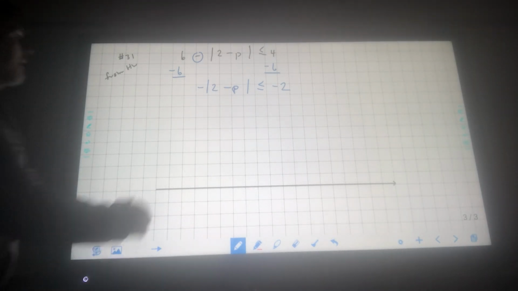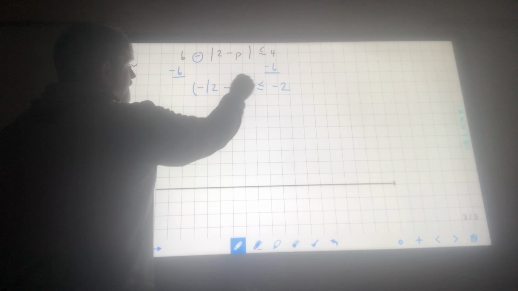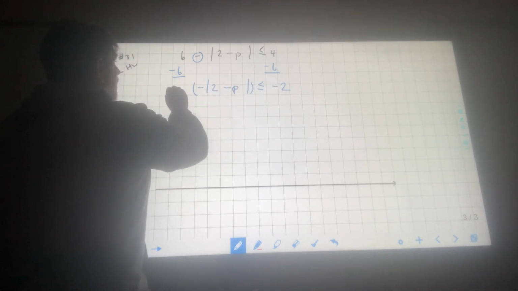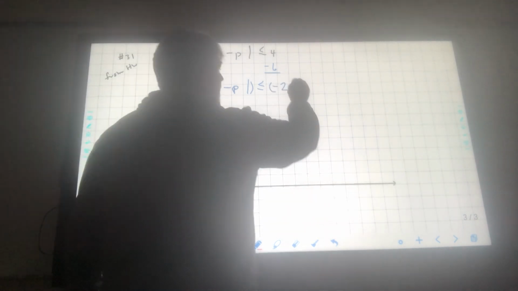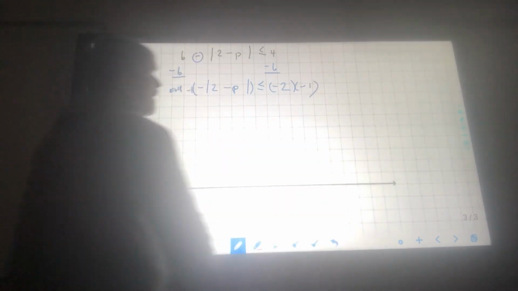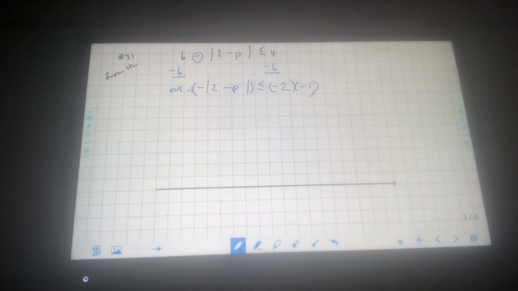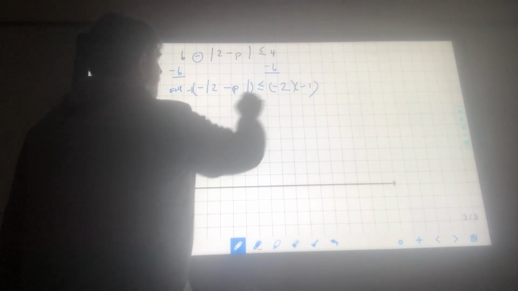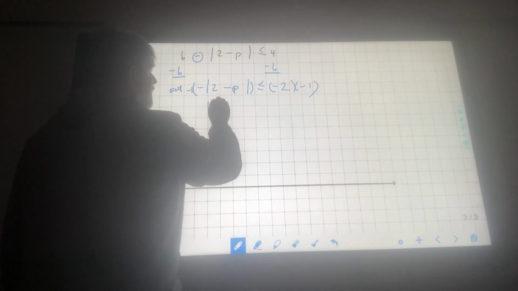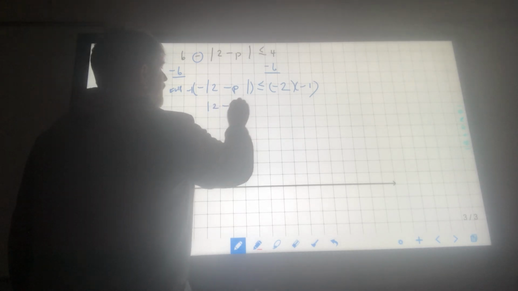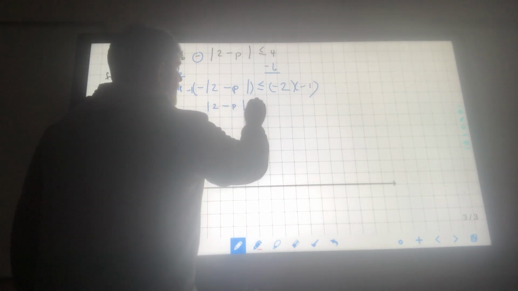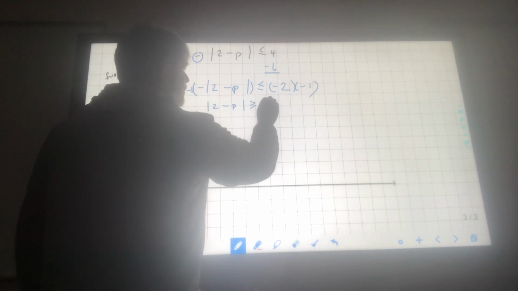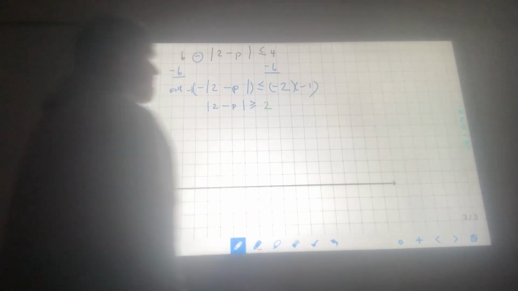How do I get rid of this negative? Flip, baby. Multiply both sides by -1. Why am I flipping? Because I am multiplying by a negative number. So I get the absolute value of 2 minus p is greater than or equal to 2.